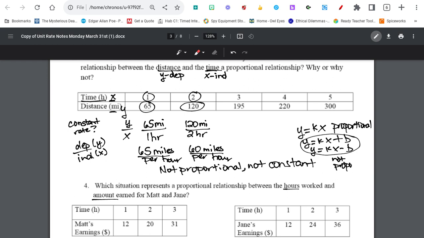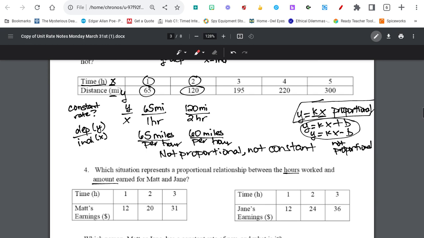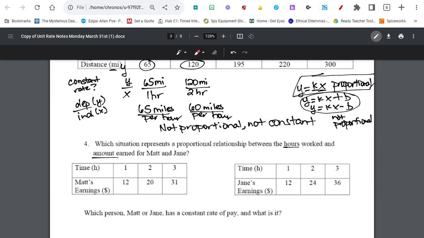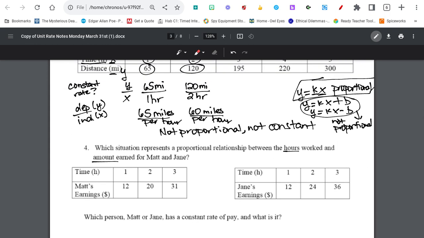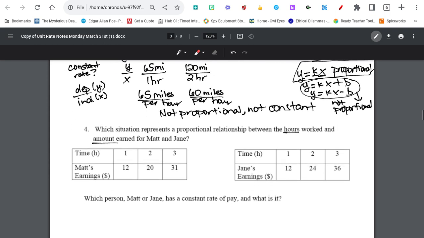If you ever see a question that asks you which equation is proportional, the proportional equations are written in this form. They just have some unit rate attached to your independent variable. But if it's got something added to it or subtracted from it, it's definitely not proportional, okay?